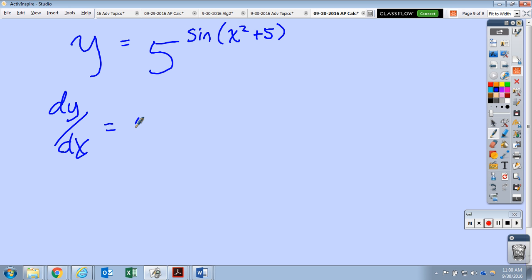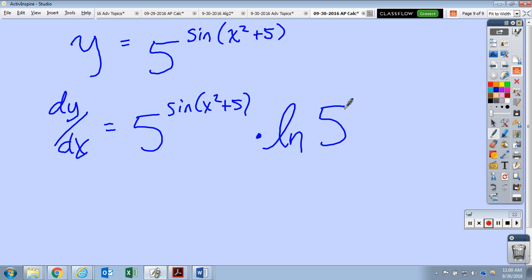Right as it is, leave it alone, times the natural log of the original base, times the derivative of this, which by chain rule is cosine of x squared plus 5 times the derivative of the guts, 2x. That is longer than the actual problem. It's like chain rule kind of.